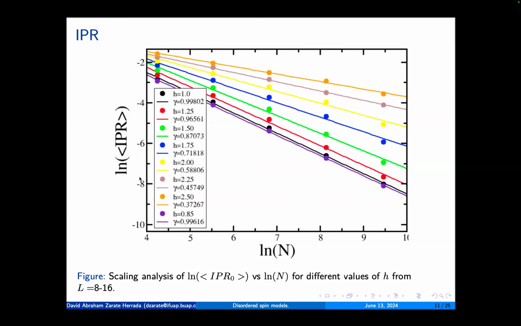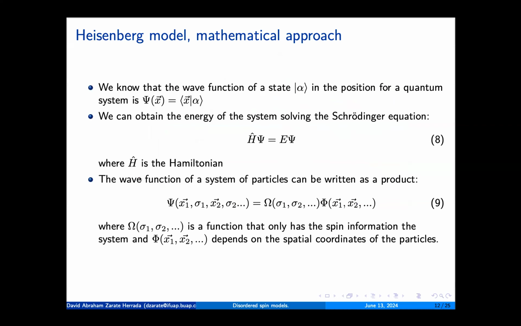Well, the next part. I'm going to explain a way to get the Heisenberg model by an analytical approach. Now we know that if we have a quantum system, we can solve the Schrödinger equation to get all eigenfunctions and eigenenergies for a particular quantum system.